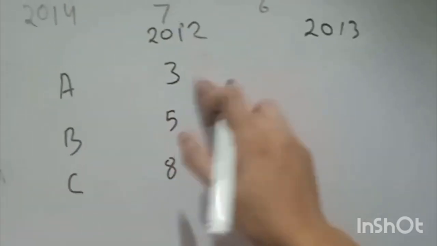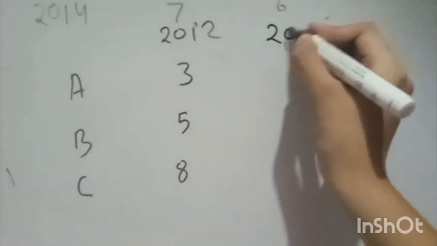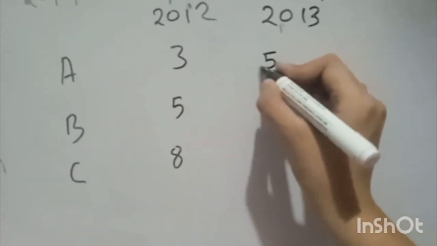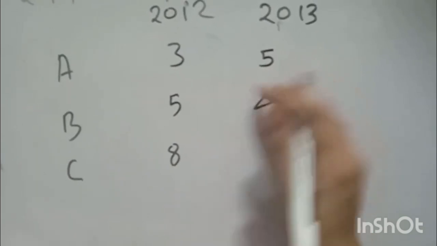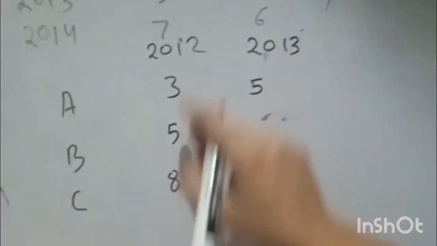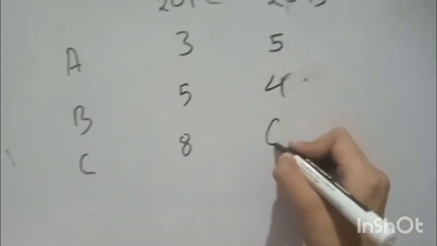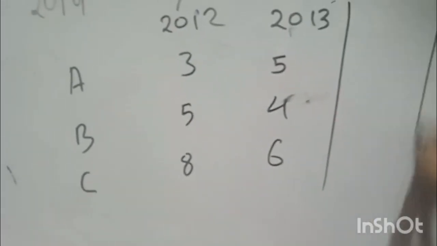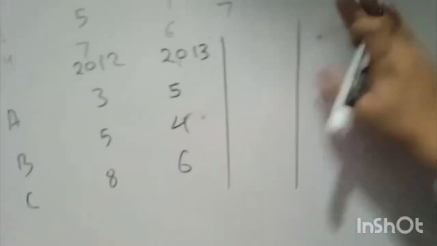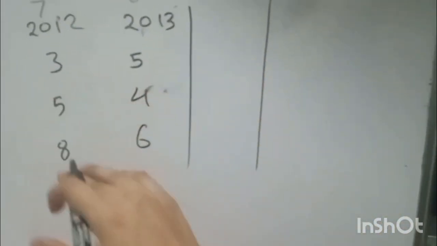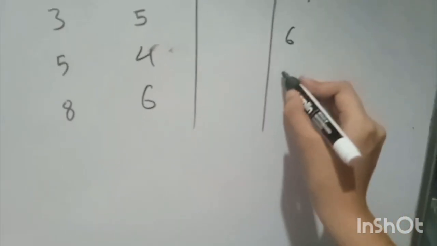We do not have to find the price relative of the base year, but for the further years. 2012, 5, 8, 2013, 4 and 6. Now leave space here. ABC 2014, 7, 6 and 7.